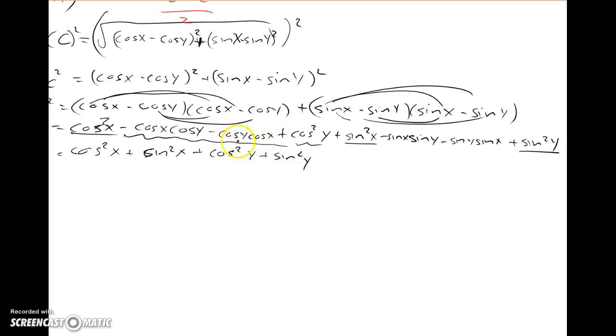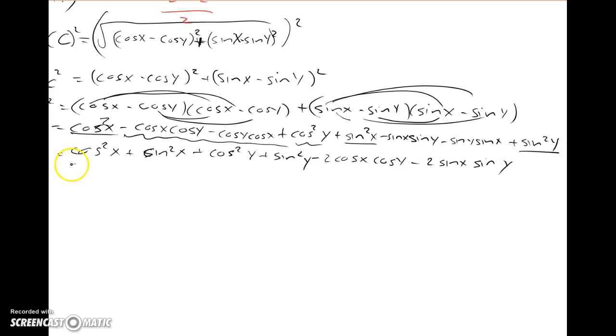That's the same as cos x cos y because they just multiply, to be minus 2 cos x cos y. Similarly, these two are the same, so minus 2 sin x sin y.